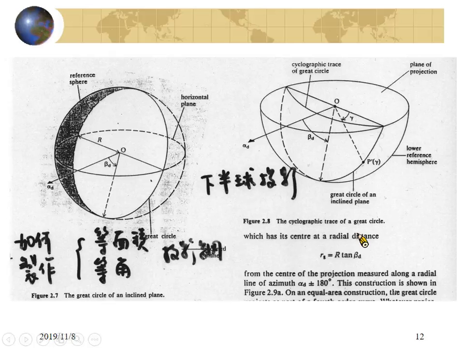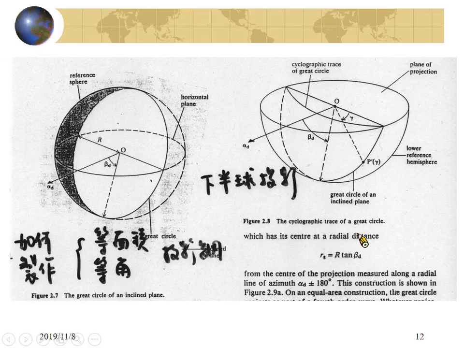Why do I need to do it like this? Because I need to relax first. Please imagine you have a ball, like an earth. Okay, you have a ball, and we are trying to project everything onto the horizontal plane of that ball. Okay, understand? Please imagine you have a light on the top of the ball. Okay?